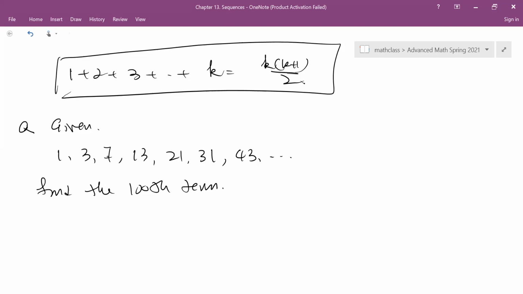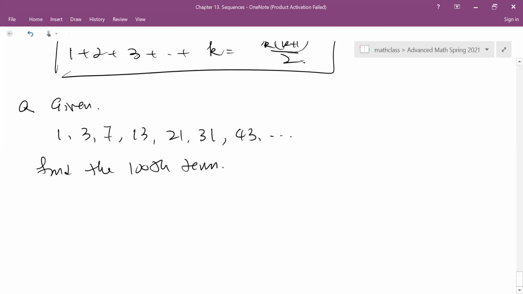Right, can you figure it out? The hundredth term. So you basically have to find the general term, the nth term. Then you let n be 100, right? So how do you get it?